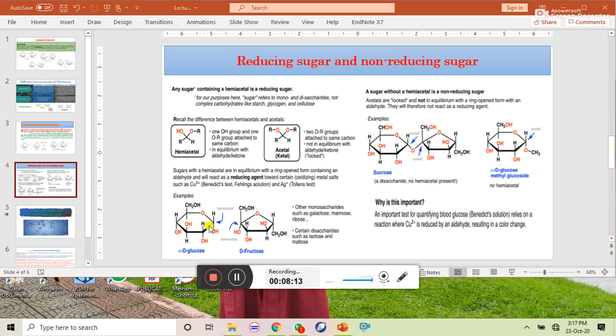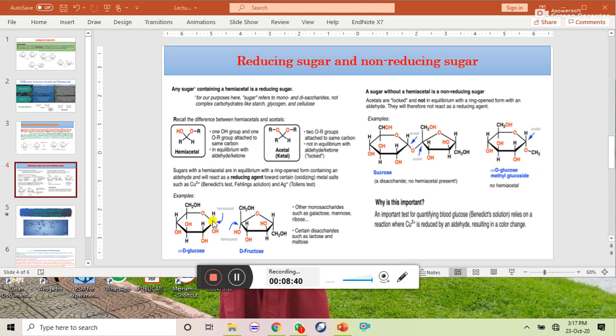If you see the example of alpha D-glucose, is it a reducing sugar or a non-reducing sugar? First of all, we see if it contains hemiacetal, then it is termed a reducing sugar.